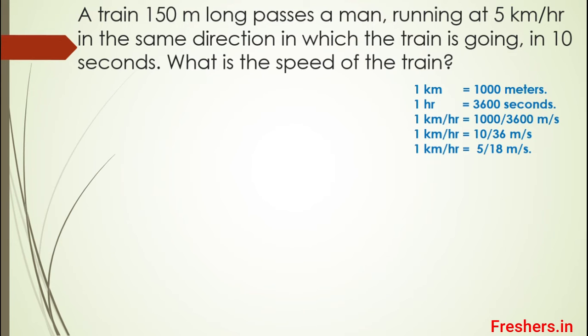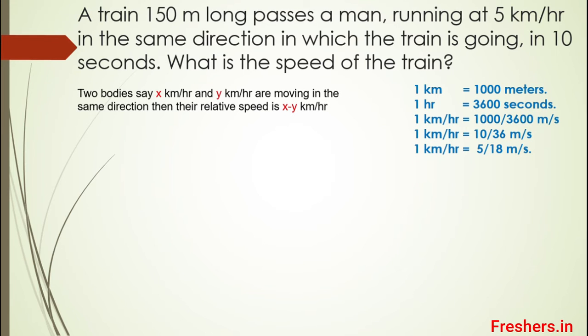Finally, 1 kilometer per hour is equal to 5 by 18 meter per second. Now, when two bodies, for example x and y kilometer per hour, are moving in the same direction, then the relative speed will be equal to x minus y kilometer per hour. To convert kilometer per hour to meter per second, we need to multiply with 5 by 18.